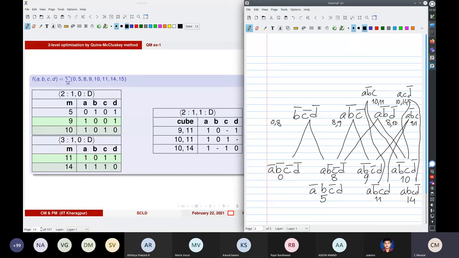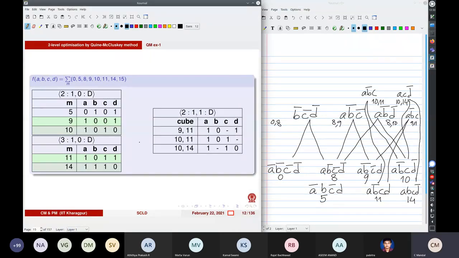Sorry about that interruption. So what you saw is that you can combine 10 and 14 to get ACD bar. So you get these cubes.